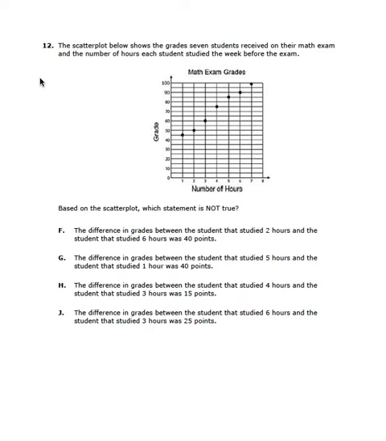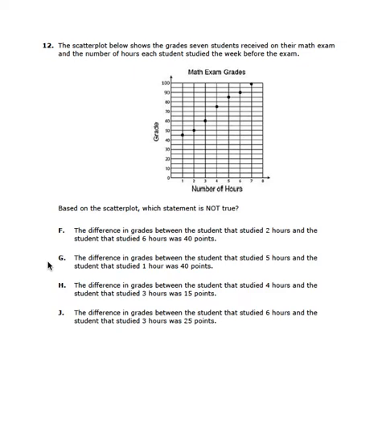Question 12. The scatter plot below shows the grades 7 students received on their math exam and the number of hours each student studied the week before the exam. Math exam grades, number of hours, grade. Based on the scatter plot, which statement is not true? F. The difference in grades between the students that studied 2 hours and the students that studied 6 hours was 40 points.